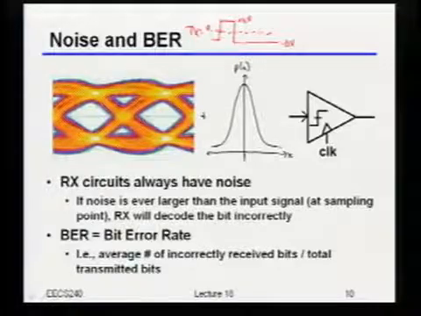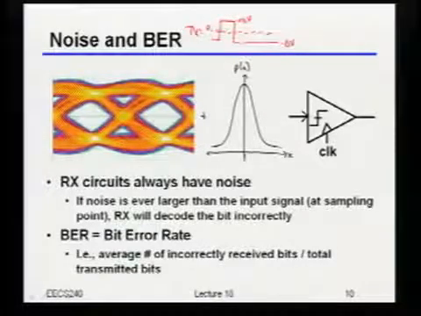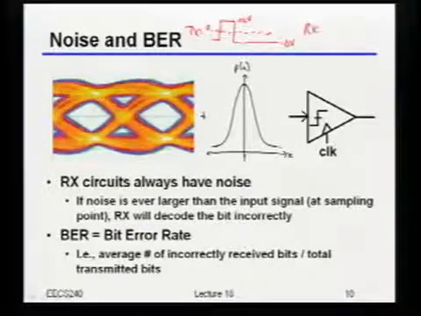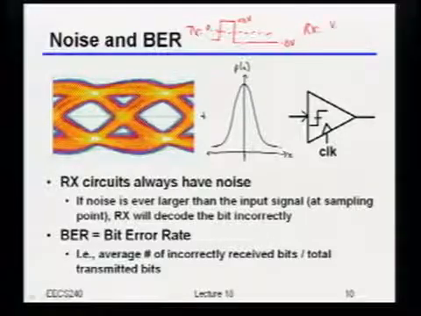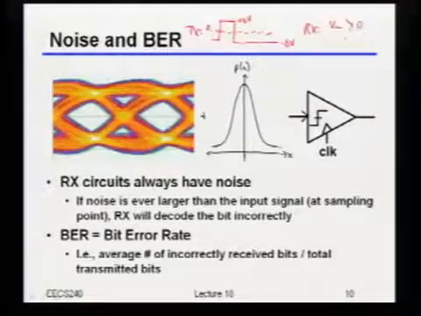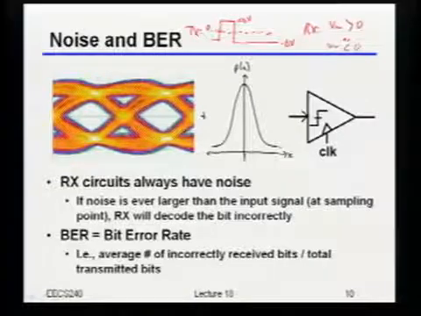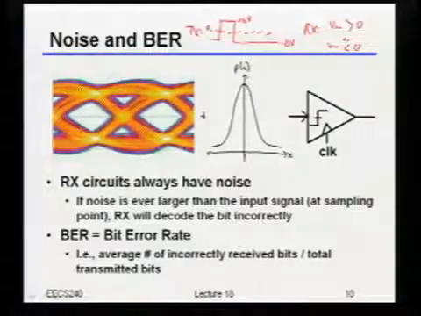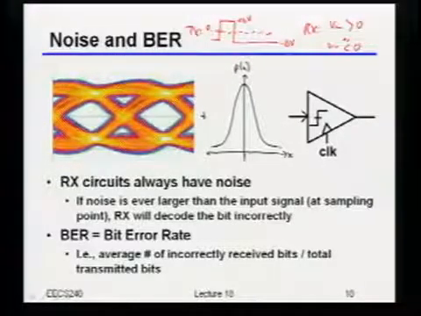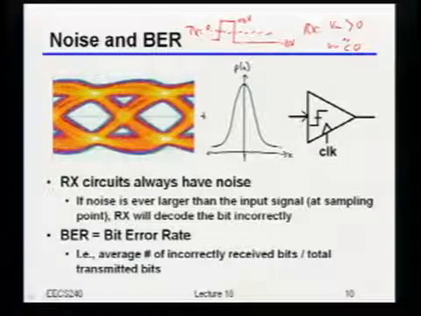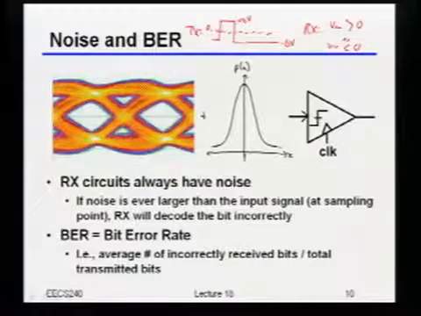Then if I want to receive that thing, basically all my receiver has to do is decide whether the input was greater than 0 or less than 0, right? Because if it was greater than 0, the transmitter should have been sending a 1. If it was less than 0, it should have been sending a 0.